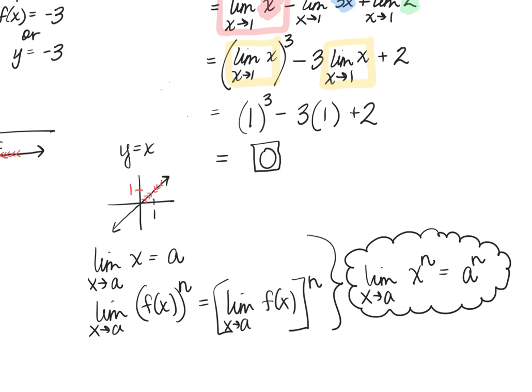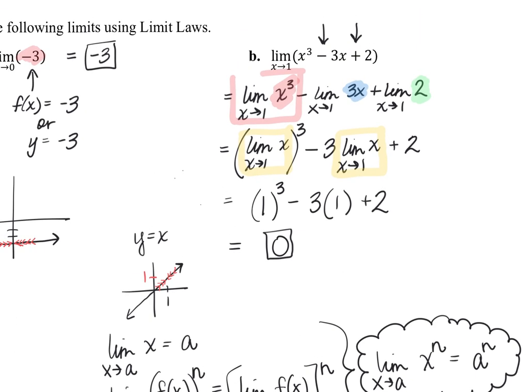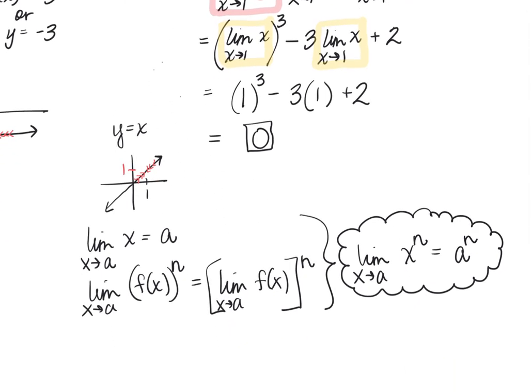And that could be applied up here when we were looking at the limit as x approaches 1 of x cubed, the one that I have boxed in red. So the alternative, if you didn't want to use the power rule there, for the limit as x approaches 1 of x cubed, you could just say directly that that would be 1 cubed, which would just be 1. And that saves you a step. You don't then have to show the power rule if you don't want to.